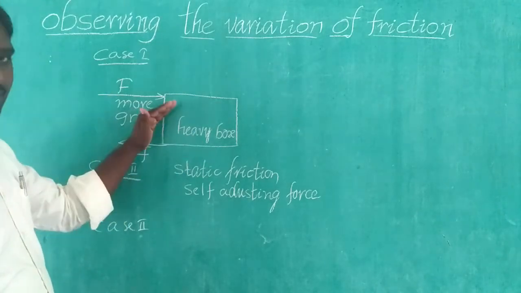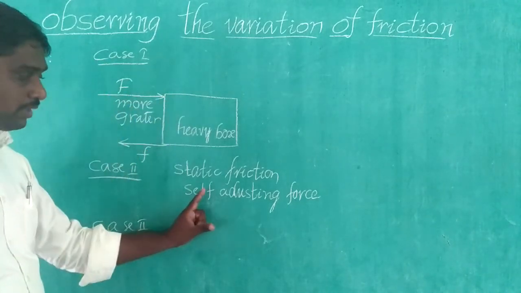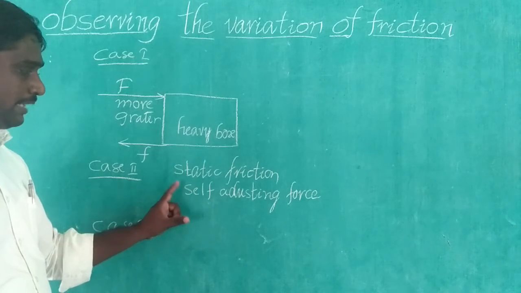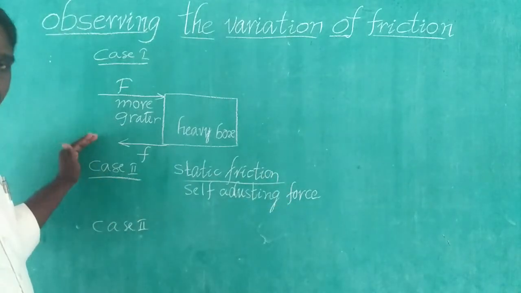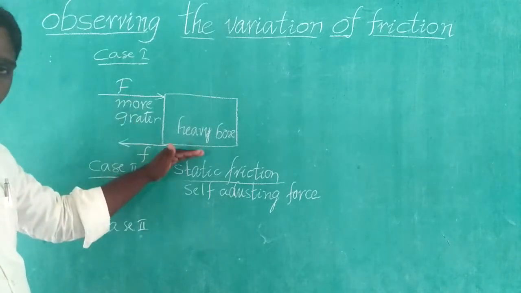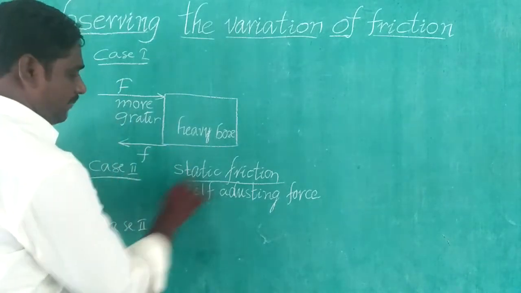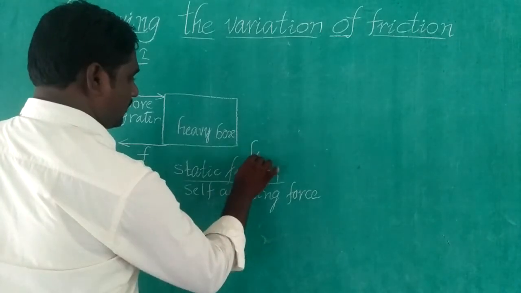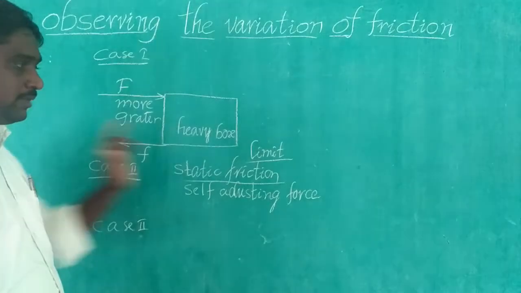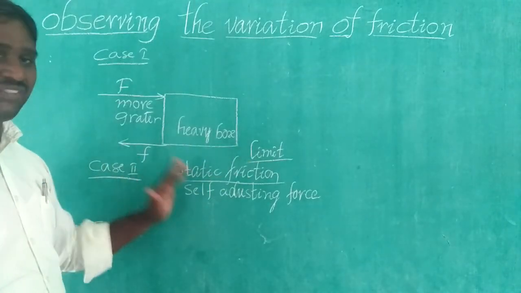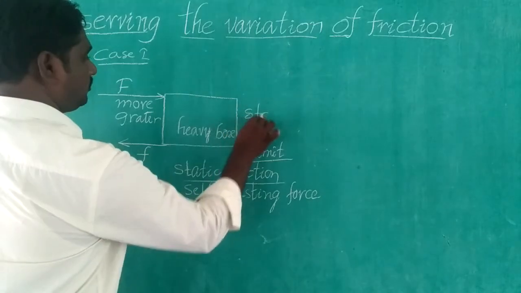We apply the force on the heavy box to overcome the limit of static friction. Static friction is a limit. To overcome the limit of static friction, then the heavy box starts in motion.